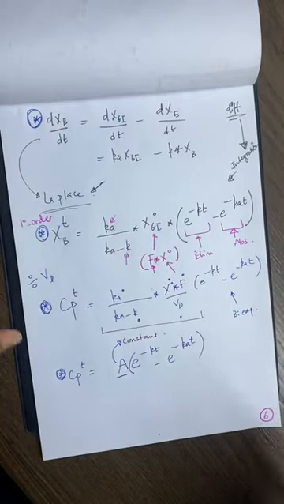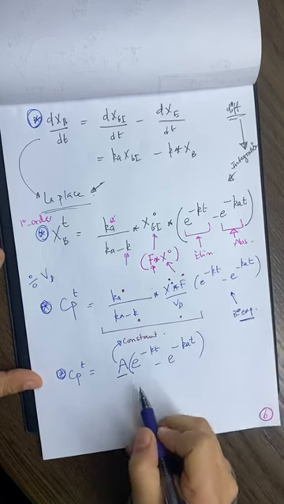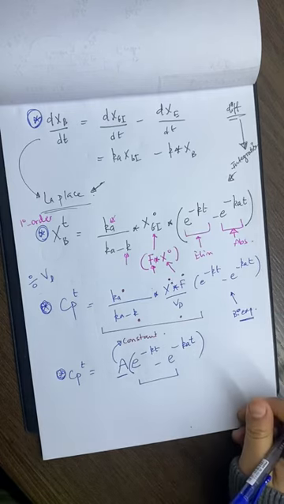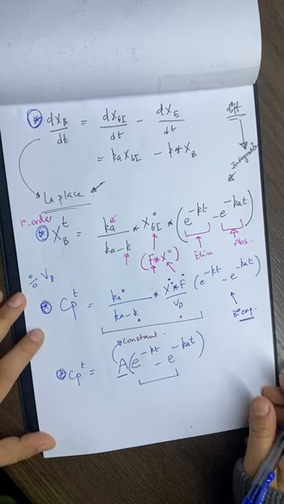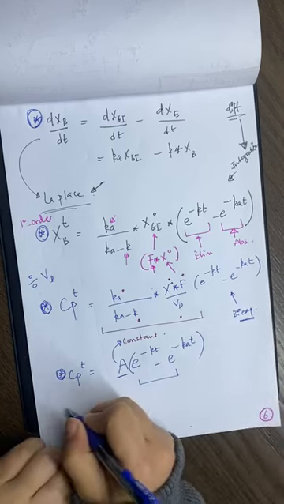That is why the equation is called a biexponential equation, because it consists of two exponential terms.